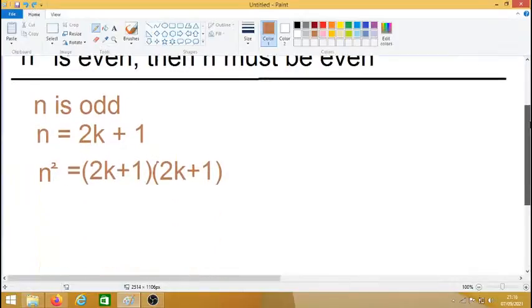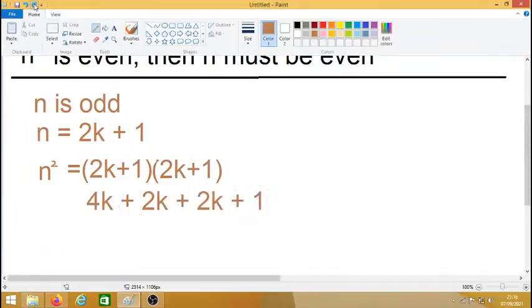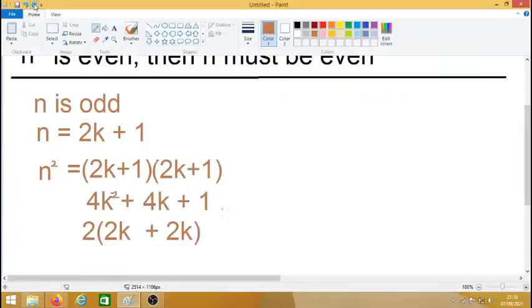Then we examine it and say, okay, do I have an odd or even number here? Well, I know that once I've expanded it and simplified, the beginning bit can be written as a multiple of 2, plus the 1 at the end, which makes me end up with an odd number overall.